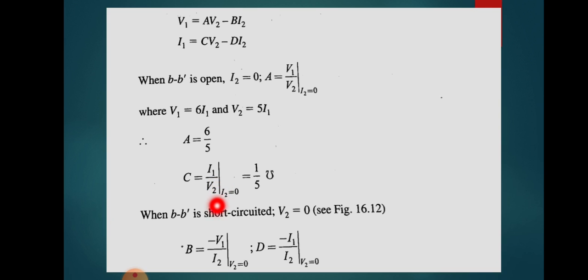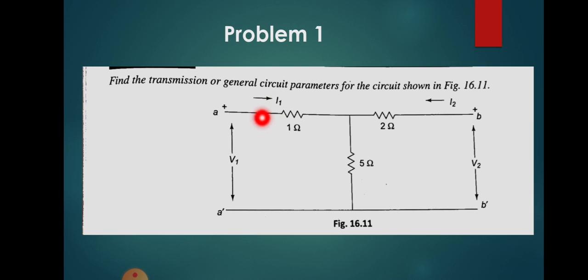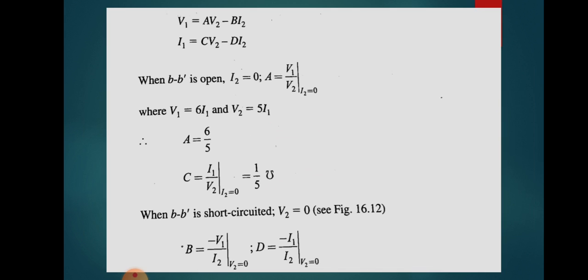You can see here that I1 can be expressed as, this is I1, right? This is I1. That is the current, and what is the value of I1? I1 will be equal to V1 by 6, right? You will get that from this equation. Similarly, what is V2?